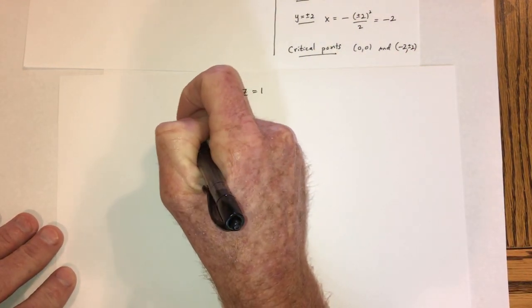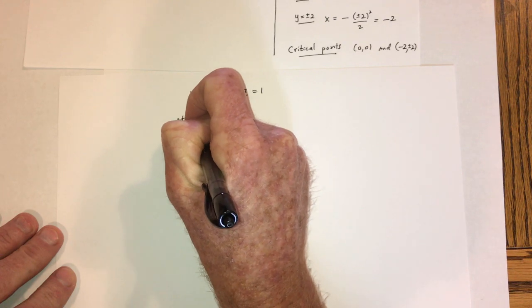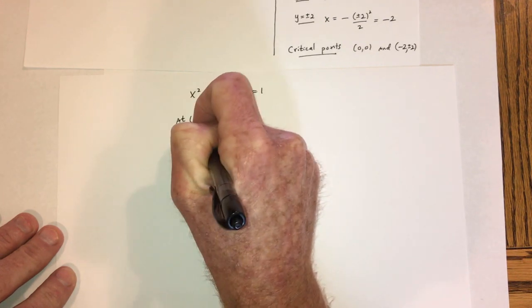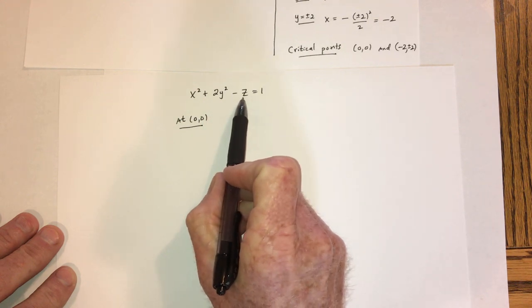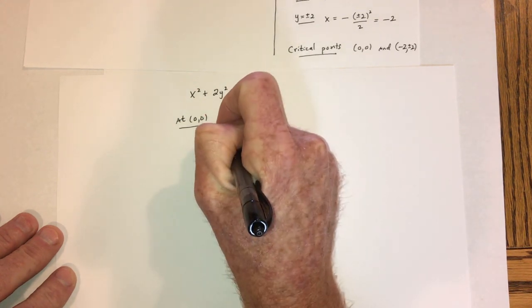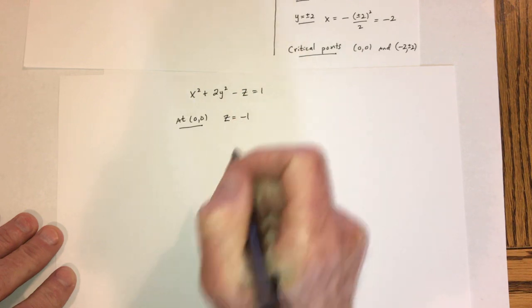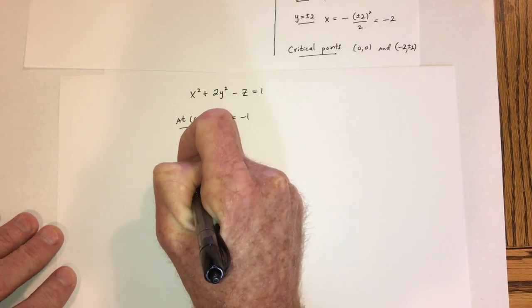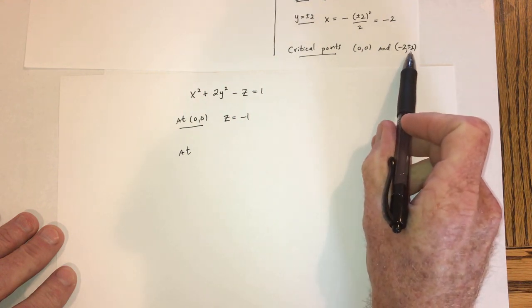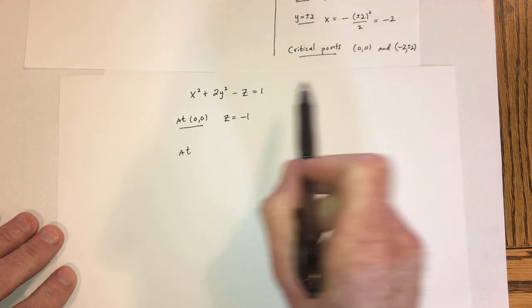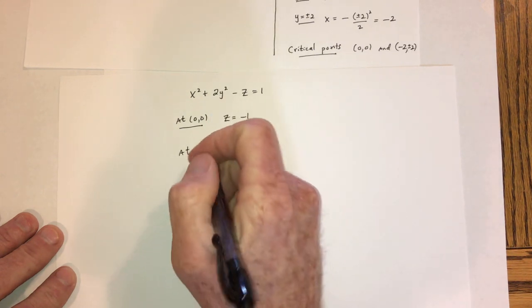So if you use 0, 0 for x and y, that would be 0, that would be 0. And then I would just leave negative z equals 1. So z equals negative 1. And I can go ahead and use the plus and minus all at once because it's going to get squared anyway.